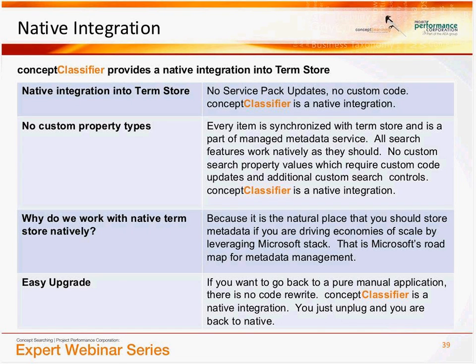If you build out new apps by yourself, with columns, and try to support the different social applications that leverage the term store and the metadata, that requires more custom code. By getting all of the search controls that are built into SharePoint 2010 and FAST, you're not going to have to worry about adding new custom controls. Native integration.